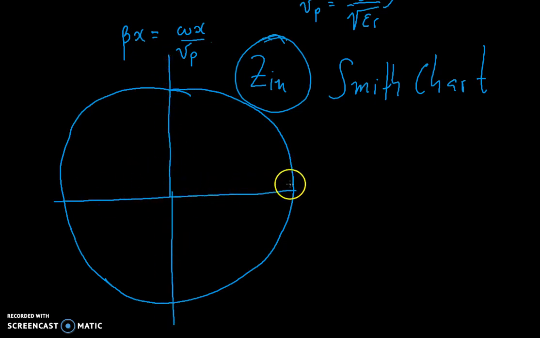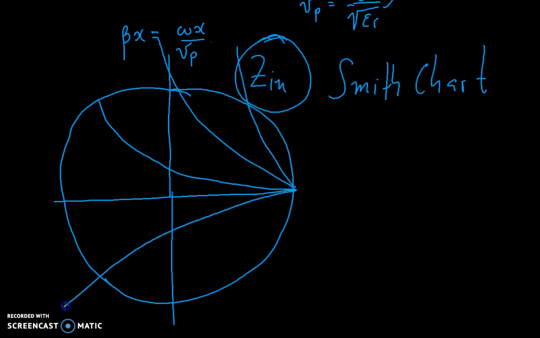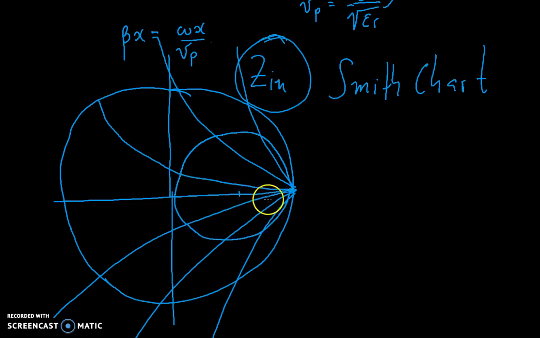Basically, this is the complex plane, and there are some lines that go like this here, like this, other lines that go like this, and there are circles that go like that, circles inside circles, another circle here, another circle here, etc. And this Smith chart helps us to calculate all of these parameters very easily, and we're going to talk about this on the next tutorial.